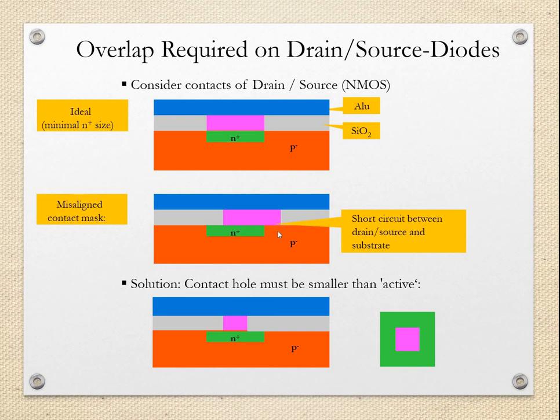That will make a short circuit between the drain or source and the substrate. The solution is that the contact hole must be smaller than the active. Whatever N plus diffusion we have, the contact should be smaller than the active area.